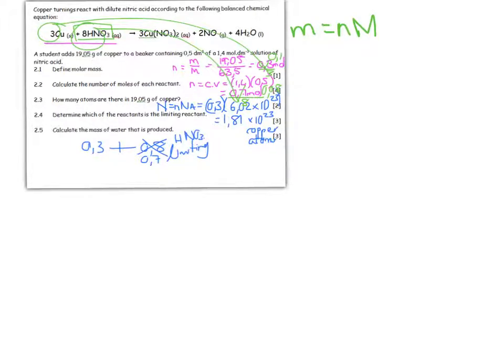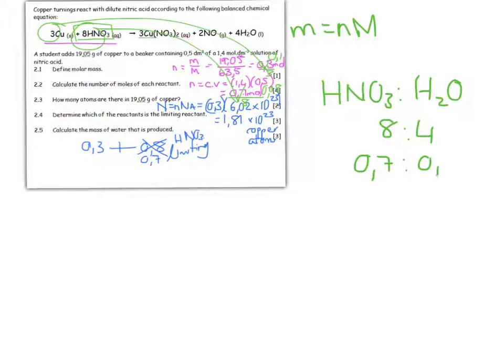My number of moles I get from the ratio between nitric acid and water, which is 8:4. But I don't have 8, I have 0,7. So therefore I'm going to get 0,35. 0,35 moles multiplied by the molar mass of water, which is 16 plus 1 plus 1, which is 18. That turns out to be equal to 6,3 grams.